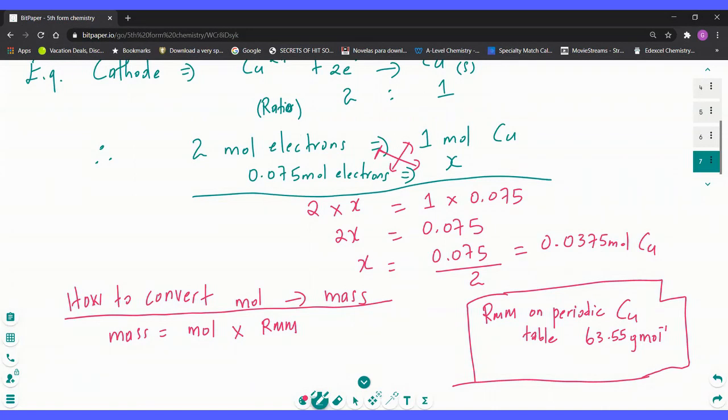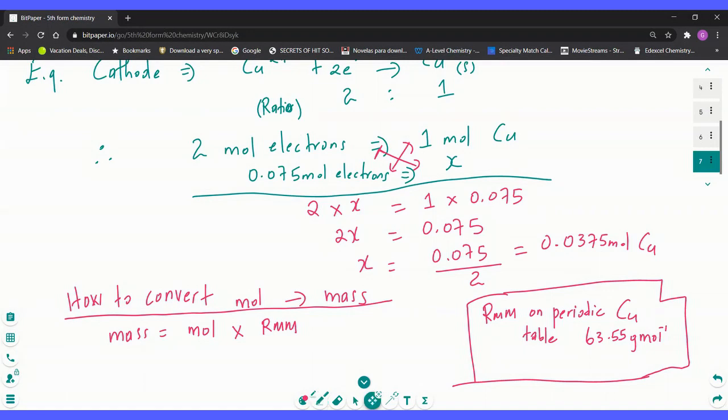You can round it off, but try not to. So if the CSEC questions give it to you as 64, then work with what they give you in the question. But don't be too quick to round them off, right? So let me tell you what is the importance of knowing the RMM. It tells you how much 1 mole of a substance weighs.